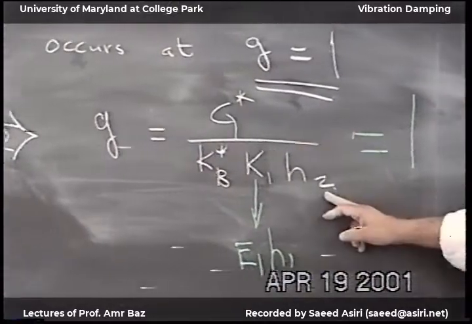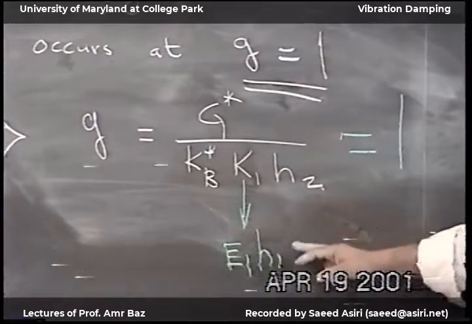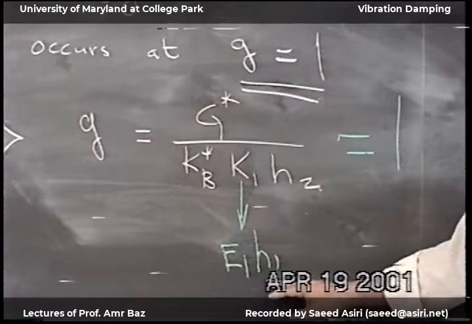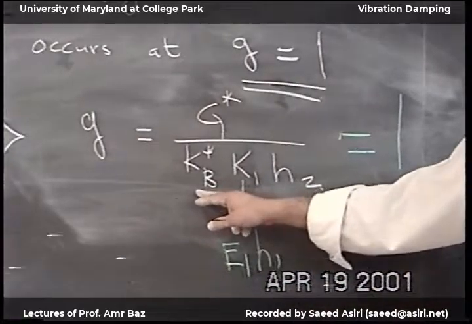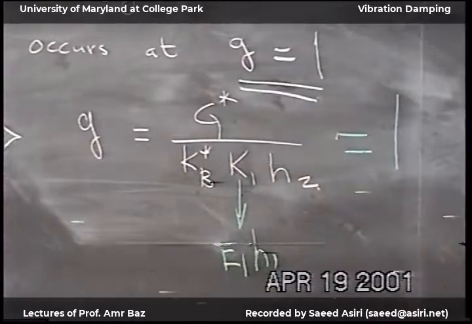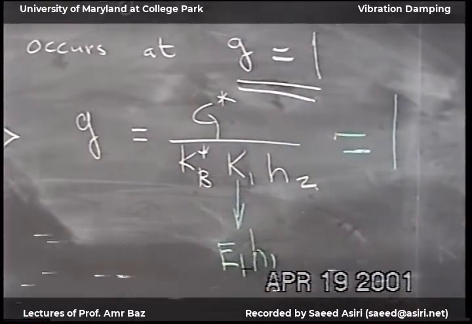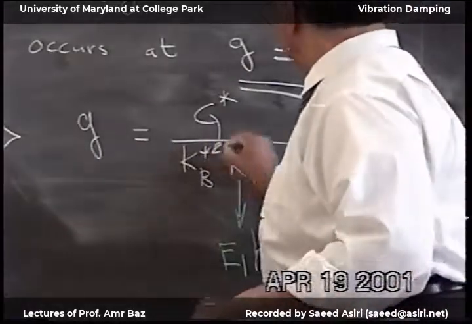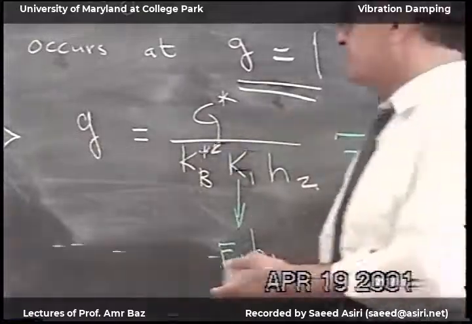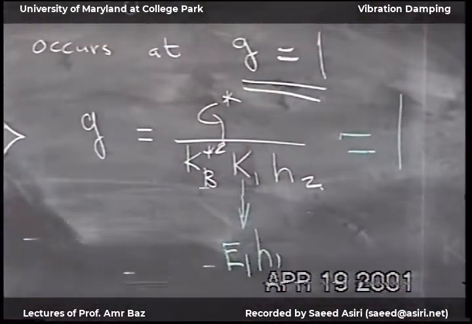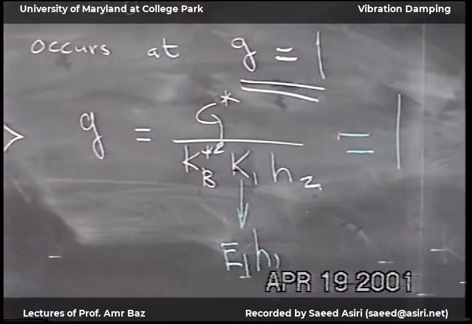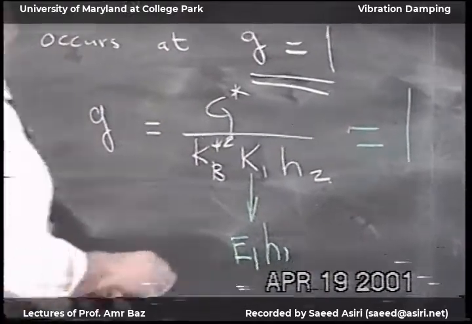So this is the thickness of the viscoelastic layer. This is the longitudinal stiffness of the constraining layer. This is the wave number, and this is the shear modulus, G kb squared. This is a dimensionless number. Okay, this is one thing.